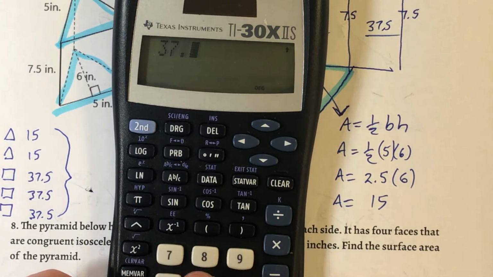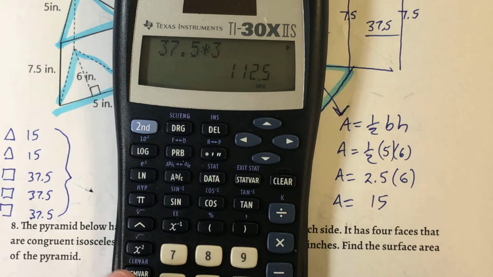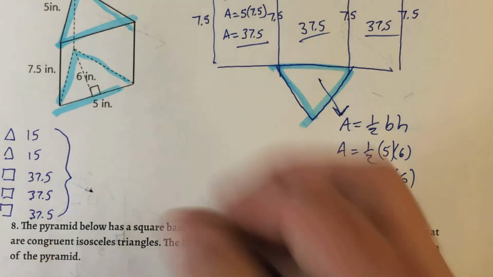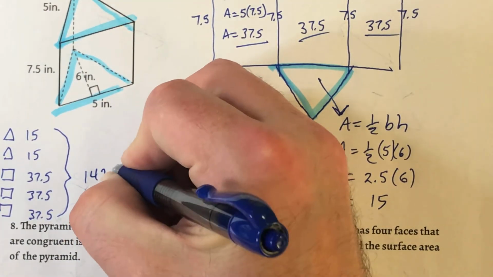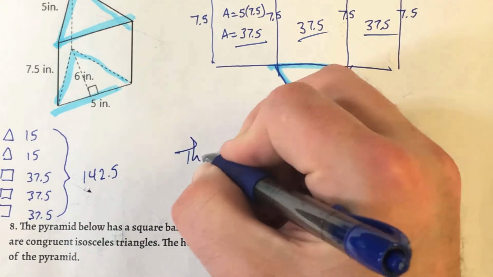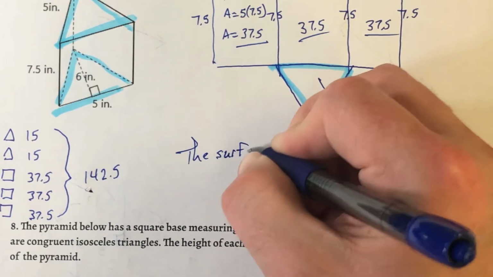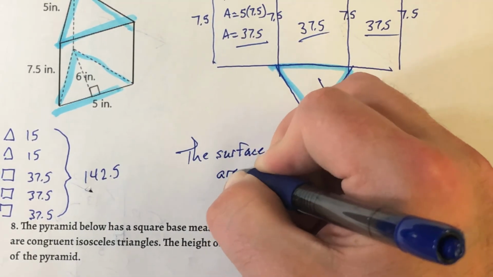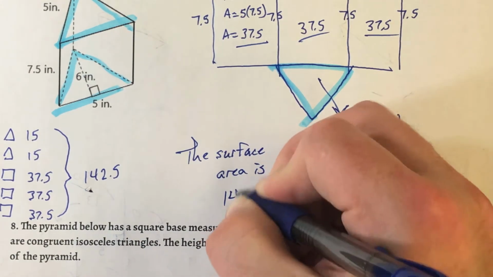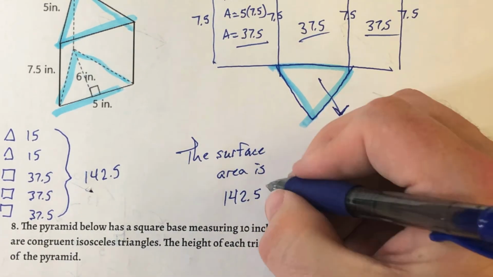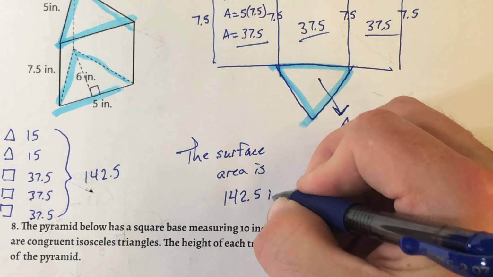So 37.5 times 3, because there's 3 of them, and add 15 and 15, which is 30. I get 142.5. All right, let's answer this. The surface area is 142 and 5/10 inches squared.